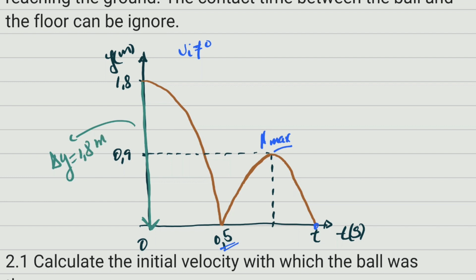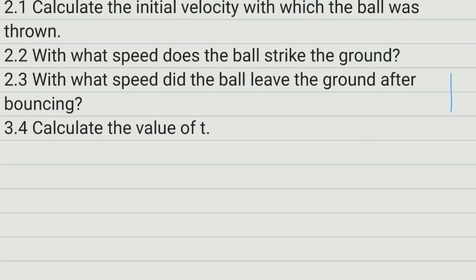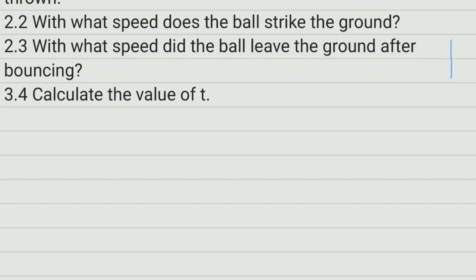We're going to select the direction just now, and for convenience, for the first question it's better to say downward as positive. So that is the displacement, right? And this one here is the time it takes to reach the ground. So that is important to note. So let's answer this first question quickly.